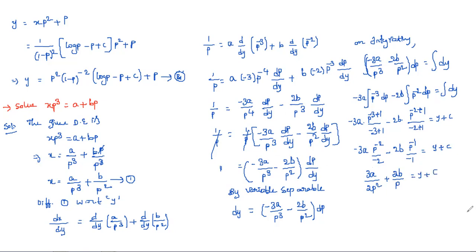So is it possible to eliminate p on this side? No, elimination of p is not possible. So for that, simply you can write y is equal to 3a by 2p square plus 2b by p minus c, or plus c. If that is a constant, you can take plus c or minus c. Now where do we have to substitute this y?